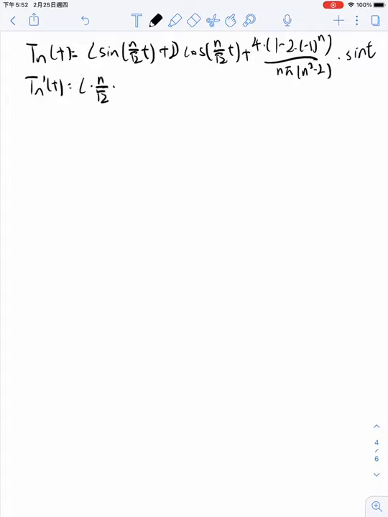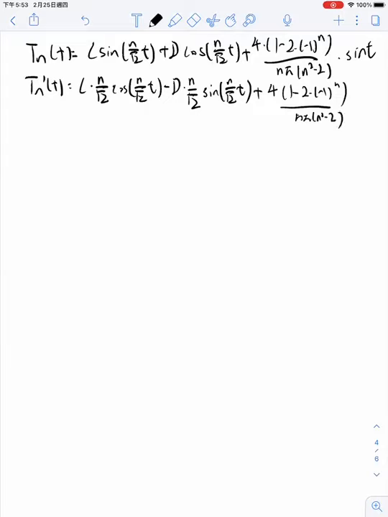Its derivative is this. Because in the initial condition, T is equal to 0 at time t equal to 0, the first term and the third term, because they are sin t functions, become 0 at t equals 0.